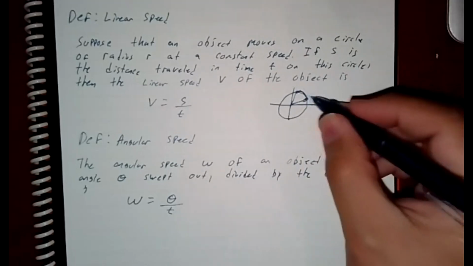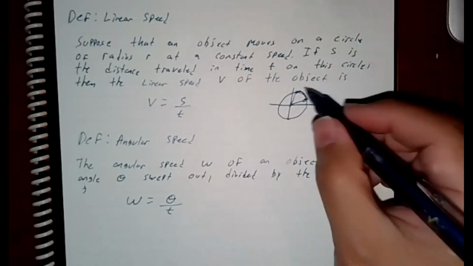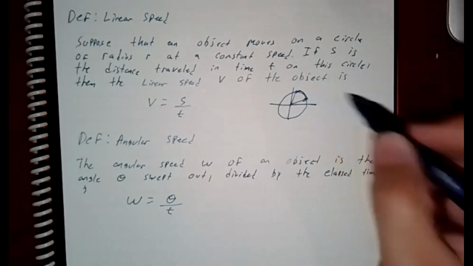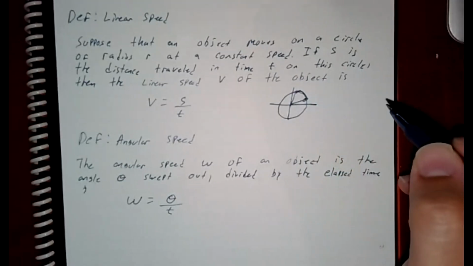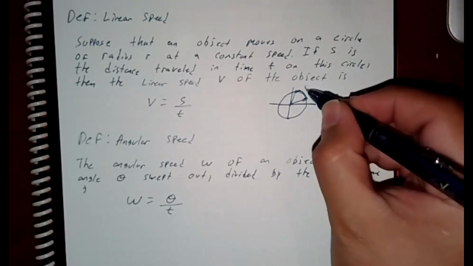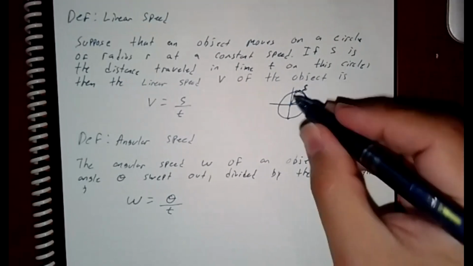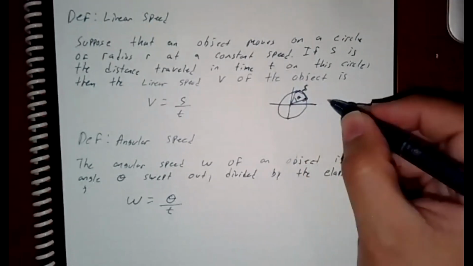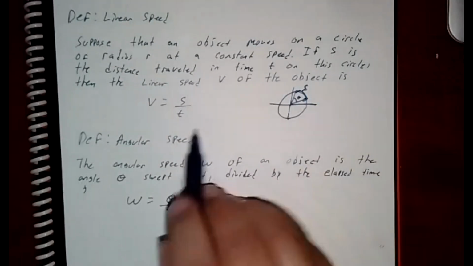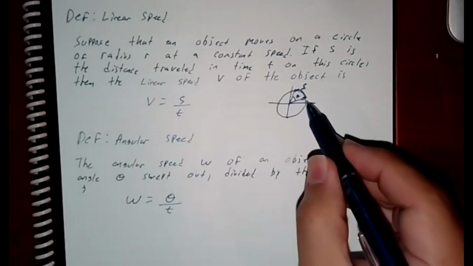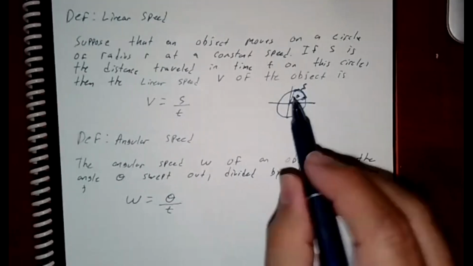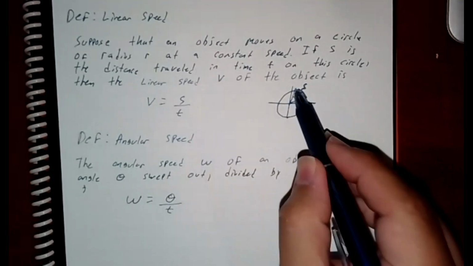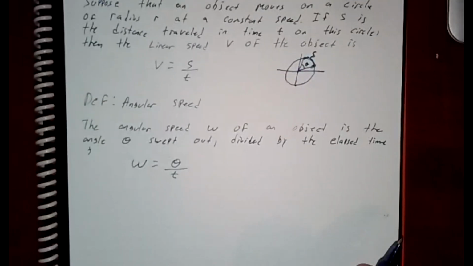That speed would be along the circle, between 2 points, that would be my linear speed. So this is s, and this is theta. This would be s over time, my linear speed. So how fast I'm going along the circle will be determined by the distance over the time it took to get from here to there. Okay.